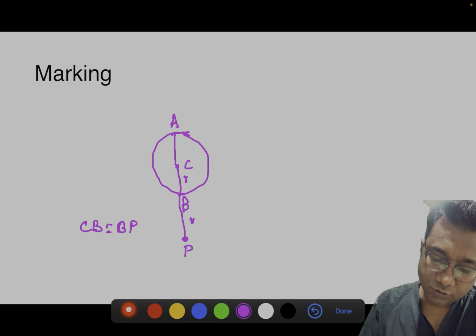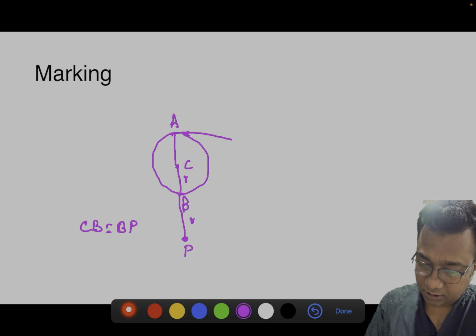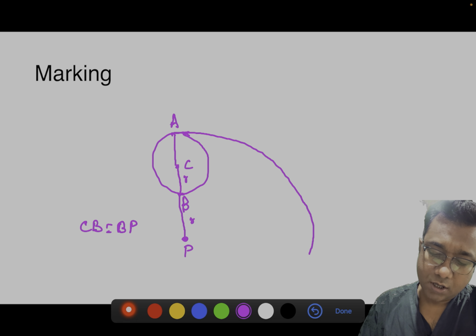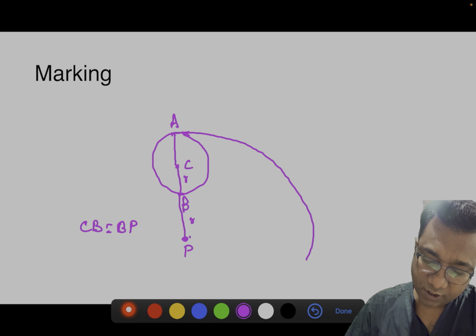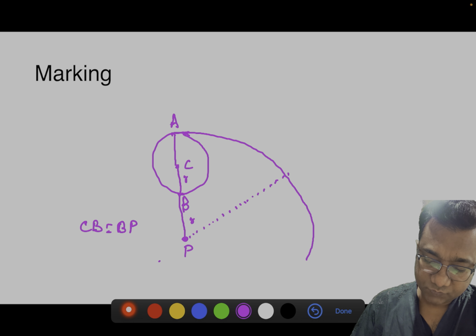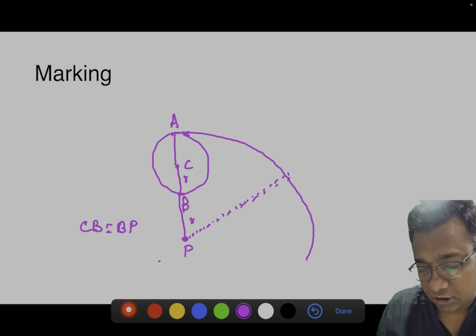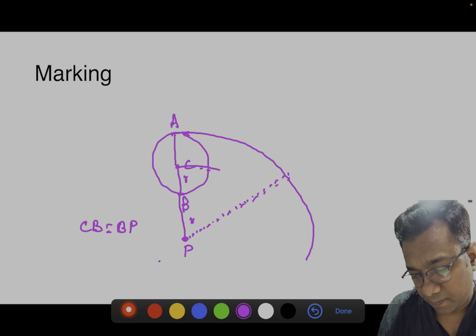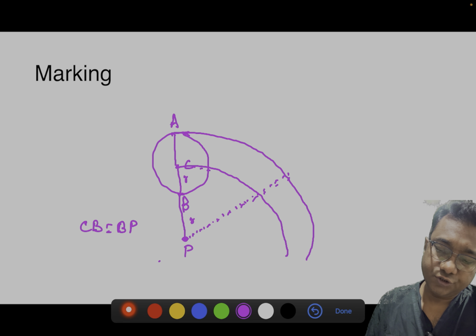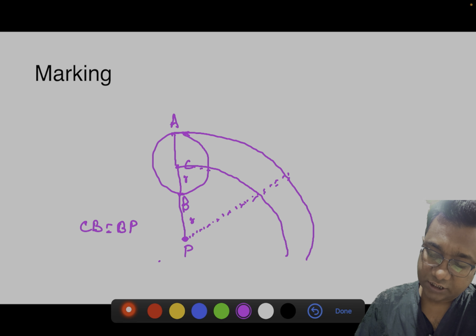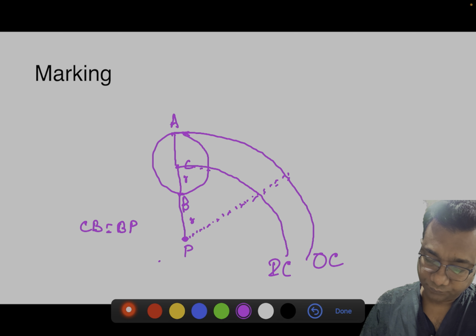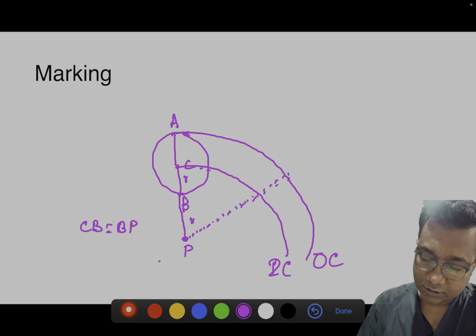The outer circle is taken with a radius of 3R. Now the inner circle has a radius of 2R. So these two are the outer circle and inner circle.